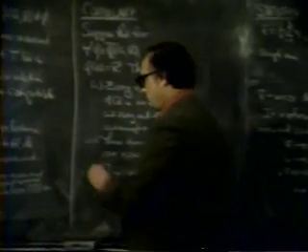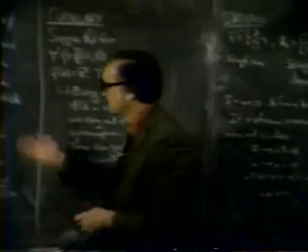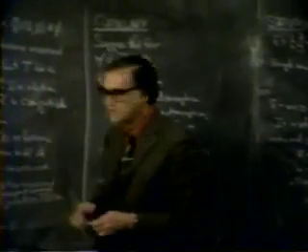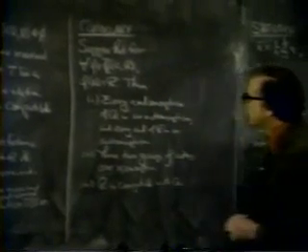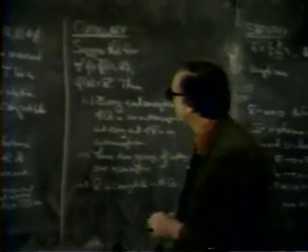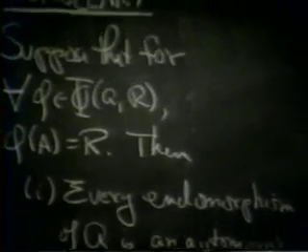Now you might reasonably ask, when does compatibility hold? Is this a very strong assumption, or is this something that we would normally expect to obtain? There's a corollary that gives a sufficient condition, one that we've run into fairly frequently and that seems to be, for many purposes of measurement, quite satisfactory.